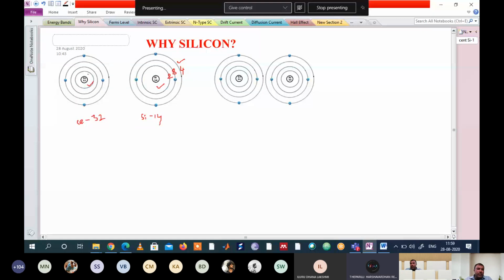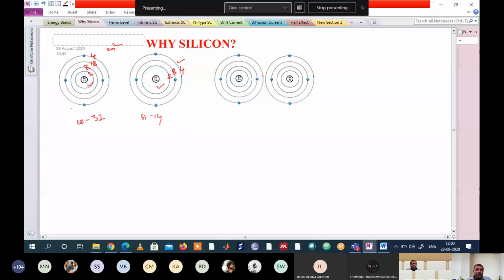Come to germanium. How many electrons are present in the first orbit? Two. In the second orbit? Eight. In the third orbit? Eighteen, because the formula is 2n square. How many in the last orbit? Four. Here also four. But how many orbits are present in germanium?